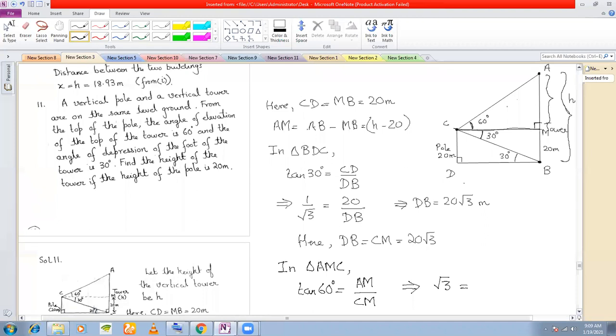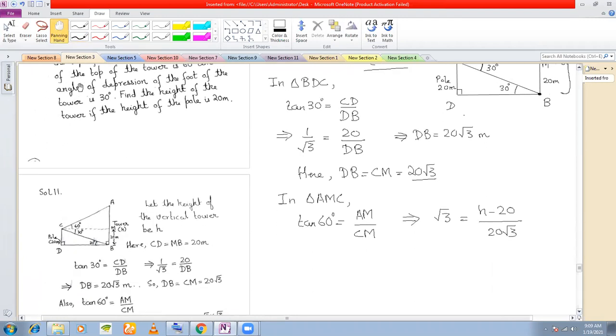AM is H minus 20, which we have found here, and CM is 20 root 3. Now we solve this linear equation to get the value of H. Cross multiply: 20 root 3 into root 3 is equal to H minus 20, which means 20 into 3, which is 60, is equal to H minus 20.